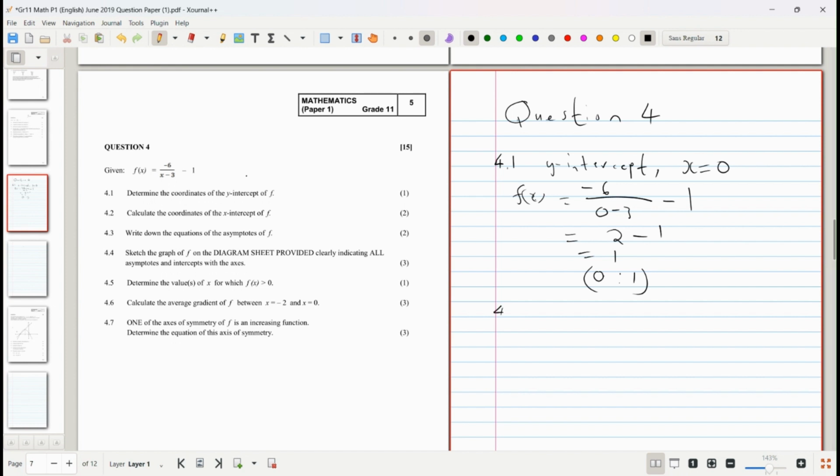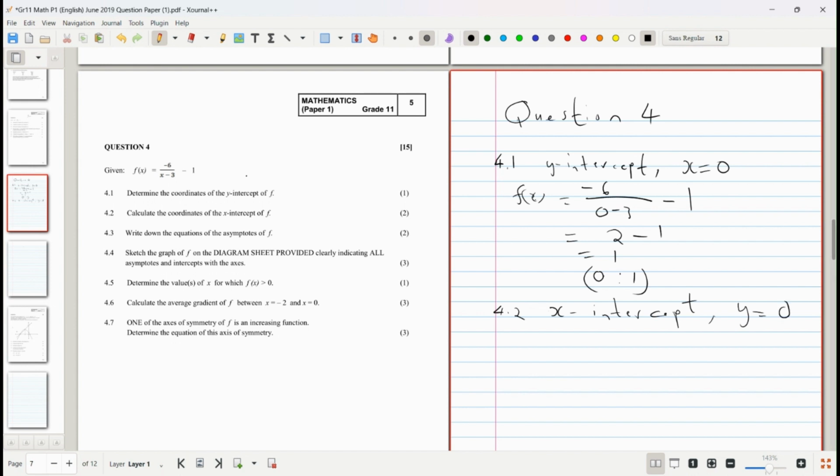Moving forward to 4.2, we need to calculate the coordinates of the x-intercept. This is the opposite now. For the x-intercept, y will equal 0.